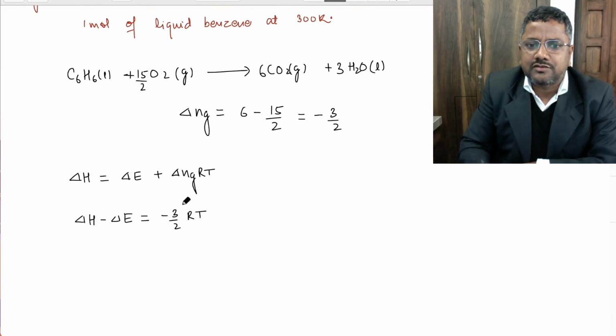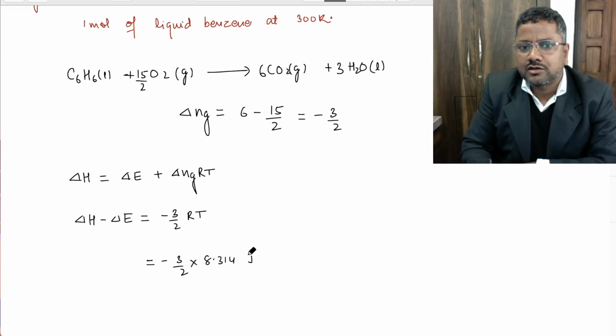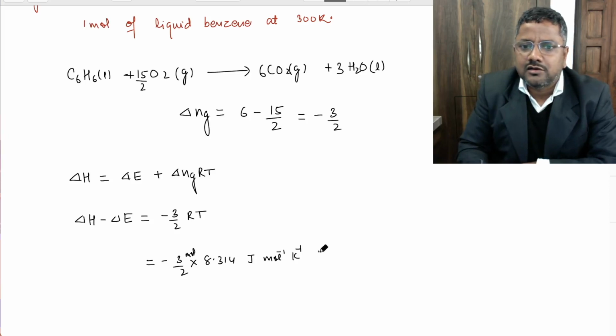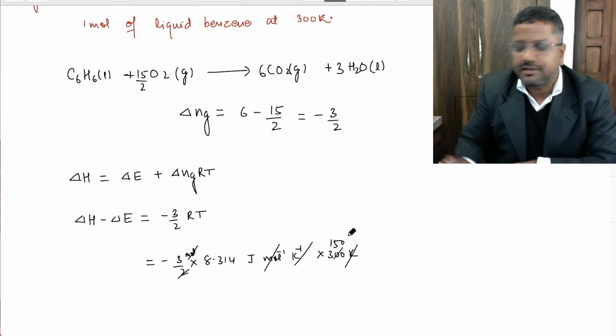Now you can put in the values: minus 3 by 2 into 8.314 joules per mole per Kelvin, this is 3 by 2 mole, into 300 Kelvin. So Kelvin cancels, moles cancel. So this is 150.